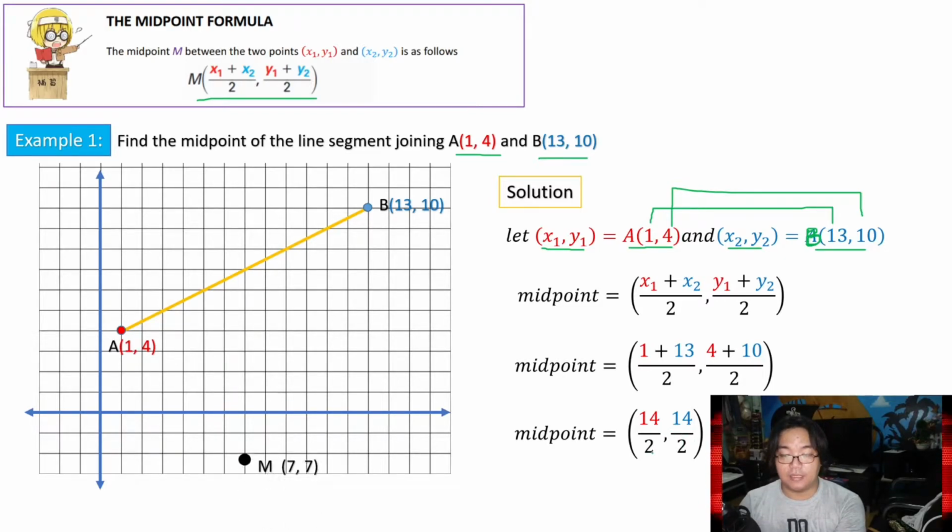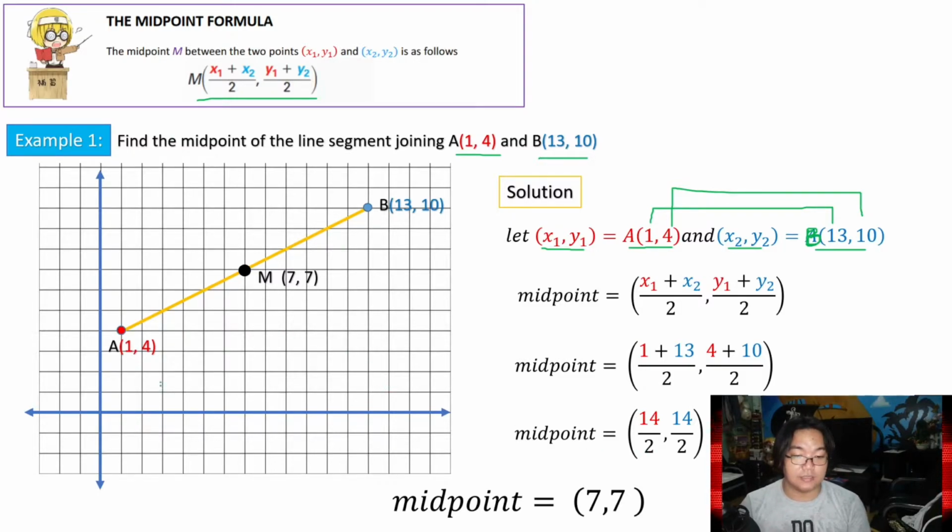Simplifying it, we get that the midpoint is located at 7, 7, which implies that the distance between point A and M is the same as the distance between point M and B. We can check that using the distance formula. You can check my video on the distance formula on how to find the distance between these points.